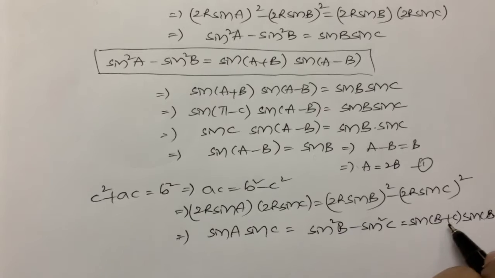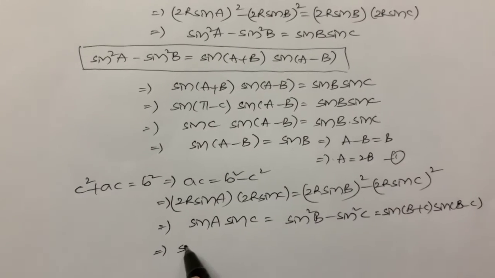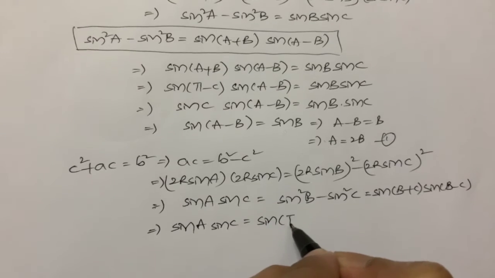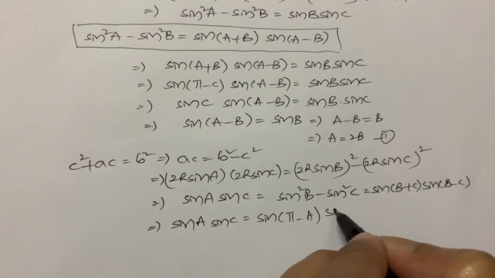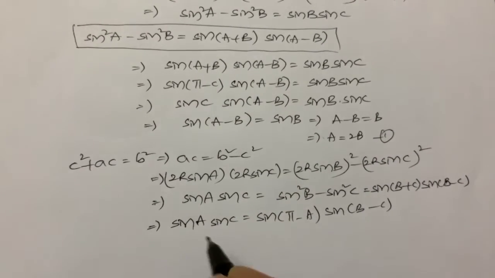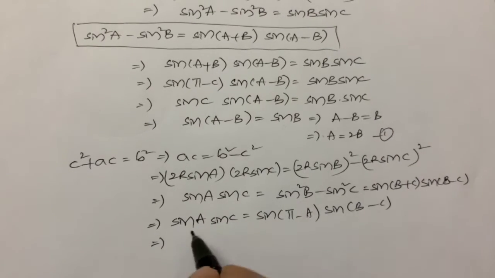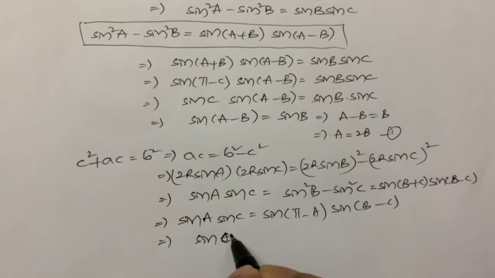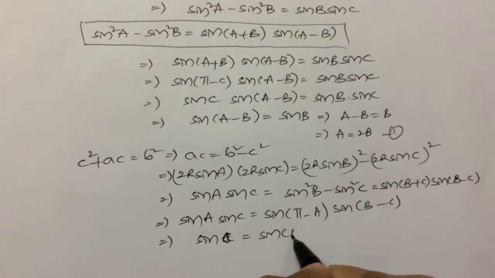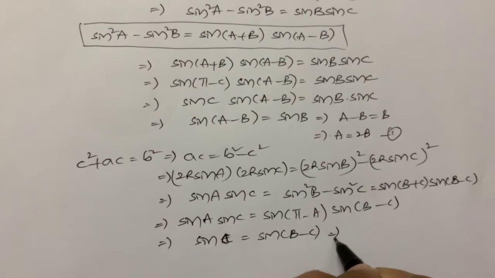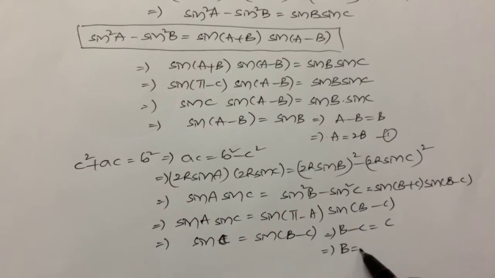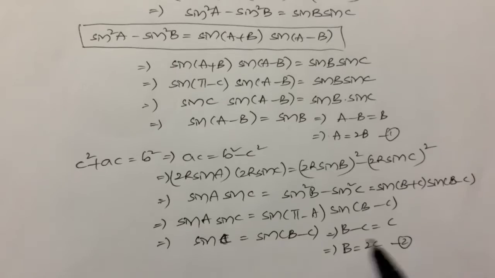Again B + C is pi - A. So sin A sin C = sin(pi - A) sin(B - C). Again sin A will get cancelled, because A is not equal to 0, so sin C = sin(B - C), which implies B - C = C. So B = 2C. So this is relation 2.